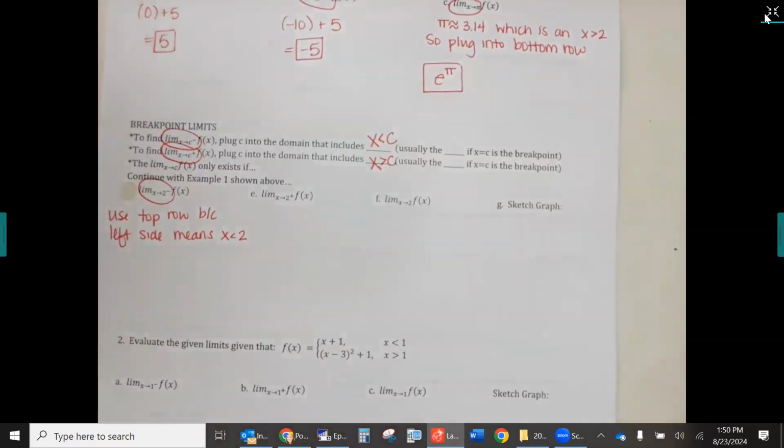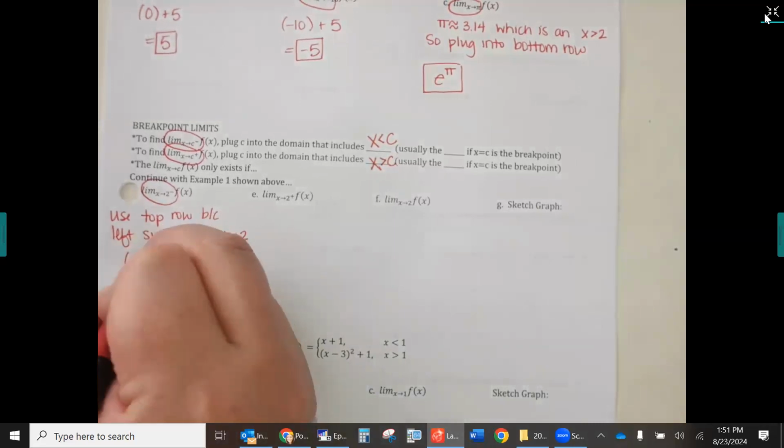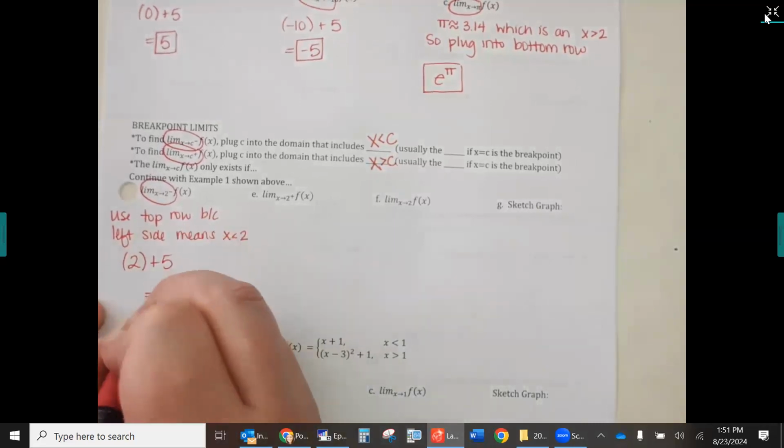And then remember, the number I'm approaching is 2, but this just tells me which portion of my equation to plug into. So if it was x plus 5, now it's 2 plus 5, which gives me 7.